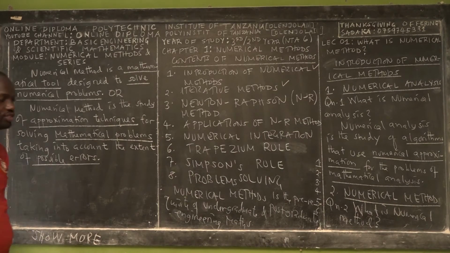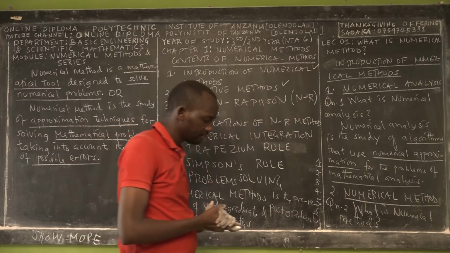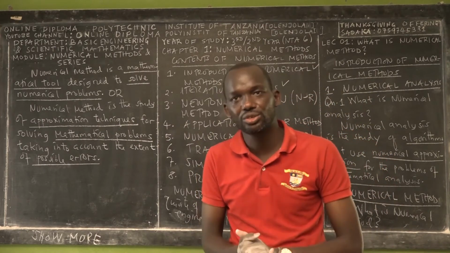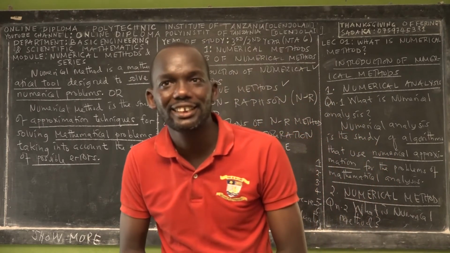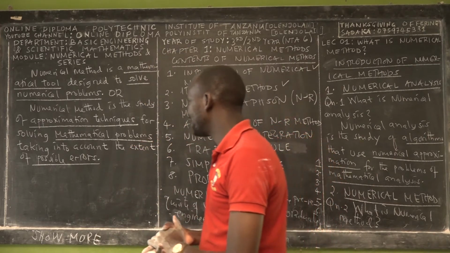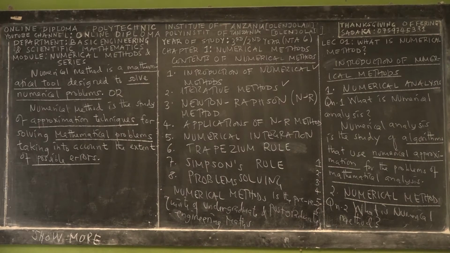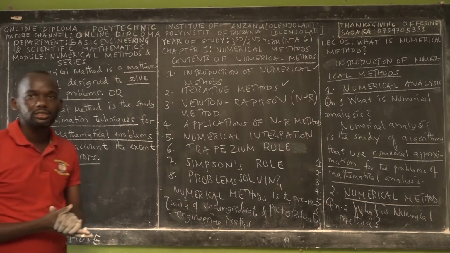That's the second definition of numerical method. The first definition: numerical method is a mathematical tool designed to solve mathematical problems numerically. And the second: a study of approximation techniques for solving mathematical problems, taking into account the extent of possible errors.